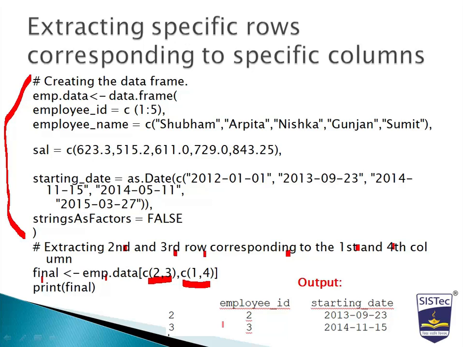So one is employee ID and the fourth is starting date. Then we print the final, and here we find the employee ID of the second and third row with only two values, employee ID and starting date, instead of all the available data. So here we discussed three things: how we can extract data column wise, how we can extract data row wise, and how we can extract data with the respective rows and columns.